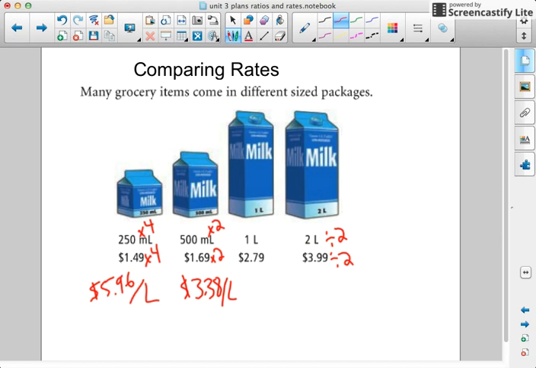And finally, $3.99 divided by 2. So this one will round up to give you $2 per liter. So in this case, you can easily see now and compare that the big 2 liter milk is the best deal per liter if that's as much milk as you're going to use anyway.